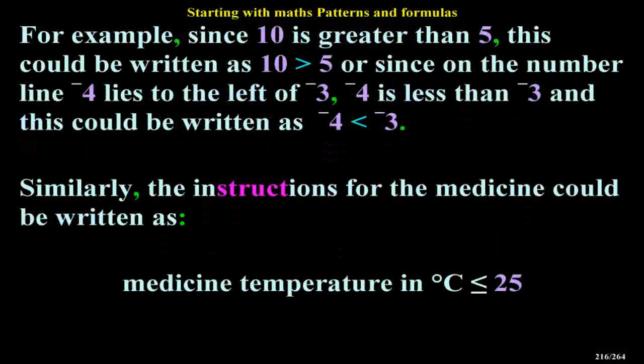For example, since 10 is greater than 5, this could be written as 10 > 5. On the number line, 4 lies to the left of 3, so 4 is less than 3, and this could be written as 4 < 3. Similarly, the instructions for the medicine could be written as medicine temperature in C ≤ 25.